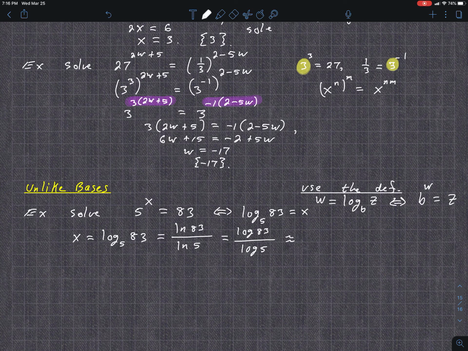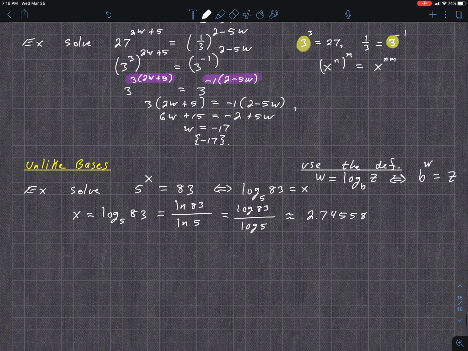In any case, use your calculator to get an approximation. It is 2.74558. Okay, so we're going to use that technique, but there's another technique we're going to use primarily. I think it's kind of the better way of doing it.